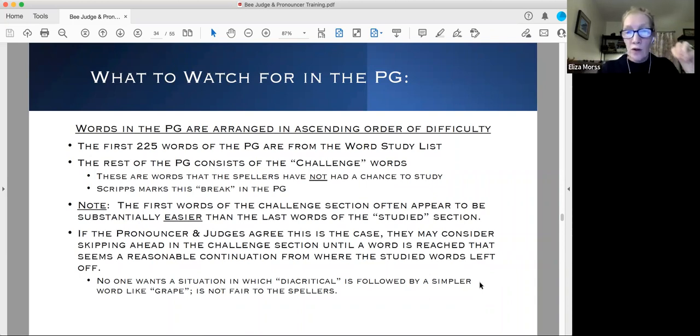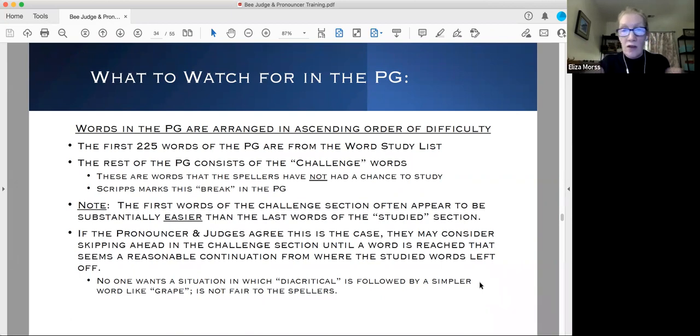The first words of the challenge section, if you don't know what's coming at you, often appear, and I will say are, substantially easier than the last words of the studied section. I mean, you end with Archaeopteryx and you start with banana. I mean, come on.